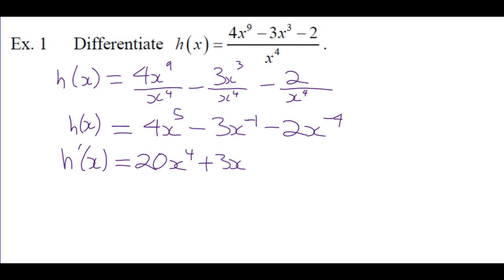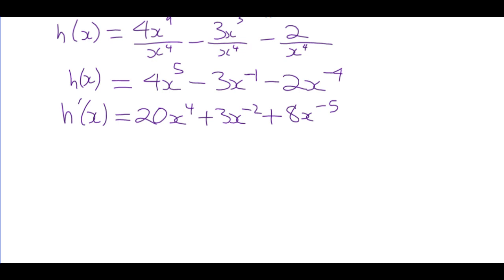Three x to the negative 2. Plus, minus, pick one. Plus, what number? 8x to the negative 5. Right? It's easy stuff, no fractions here, right? I mean, they're just integers.